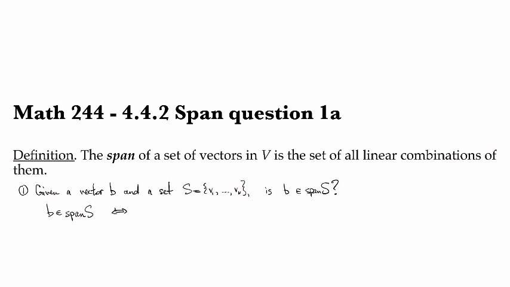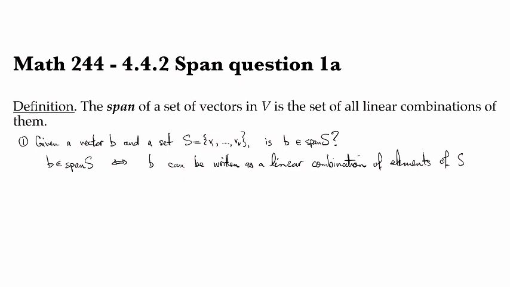This exactly means that B can be written as a linear combination of elements of S. Okay, so that means, in more mathematical notation, that the equation C1V1 plus ... CKVK equals B has a solution.